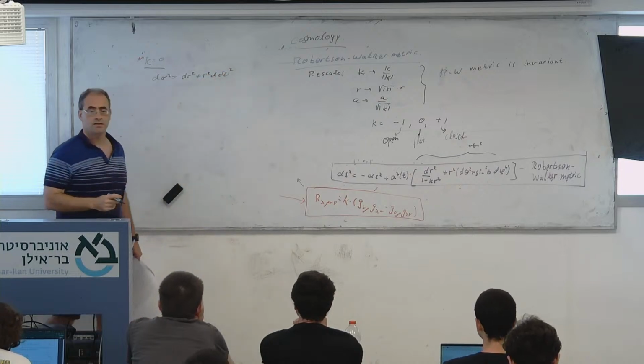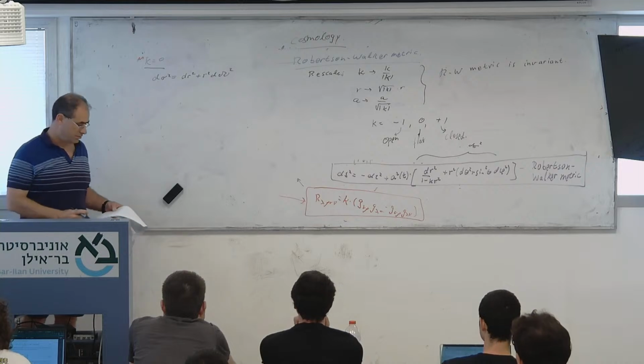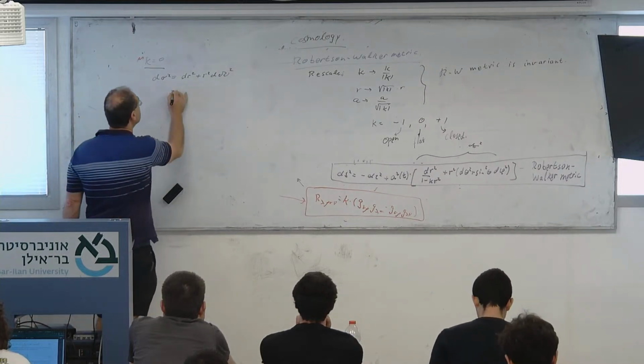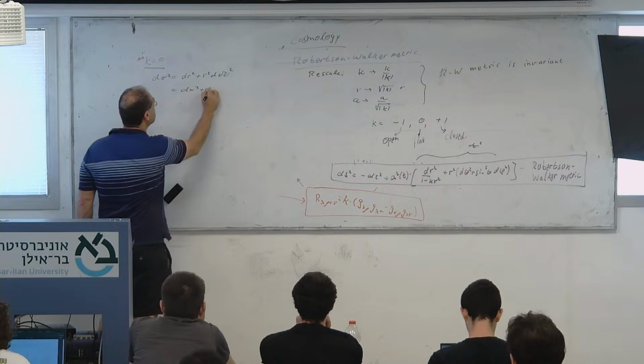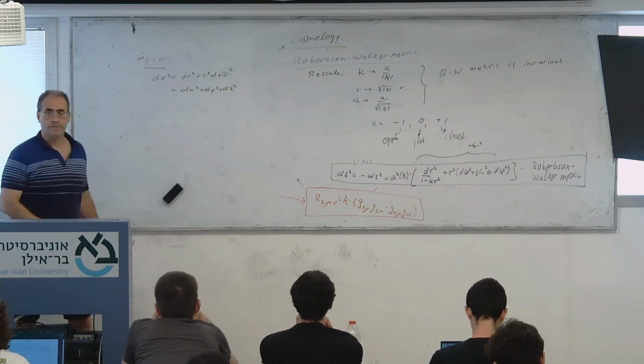What is that? This is flat space written in spherical coordinates. So I can write it as dx squared plus dy squared plus dz squared. This is really a Euclidean space, flat.